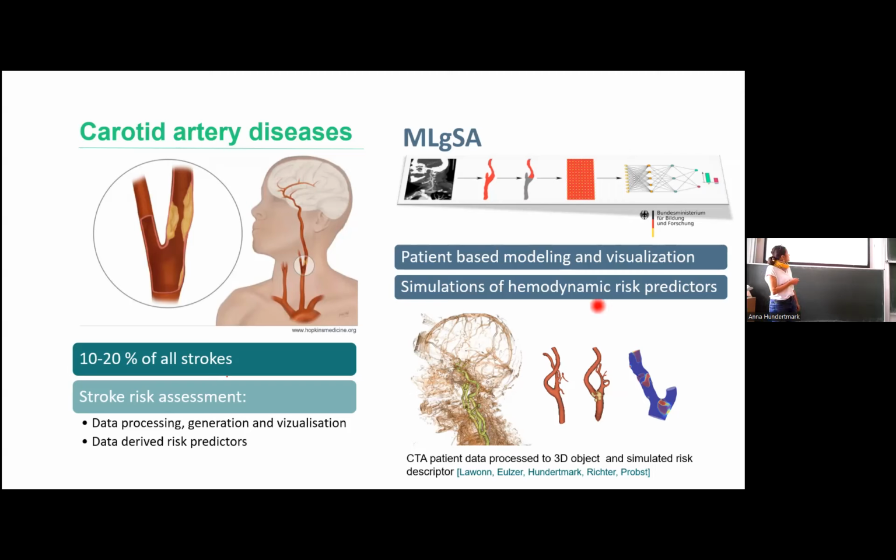What does the acronym mean? MLGSA in German sounds something like machine learning against strokes, for stroke assessment. The data we simulate have been processed for machine learning and for classifiers of stroke risk.